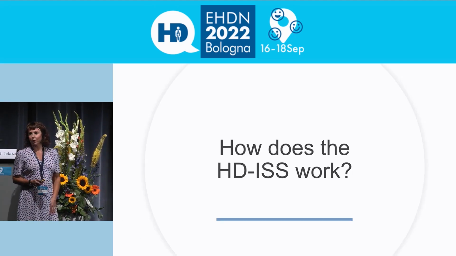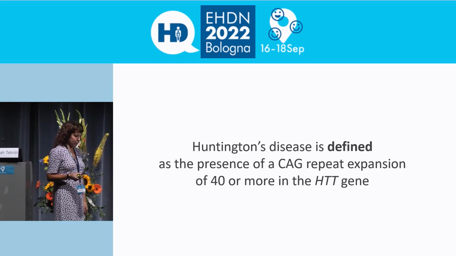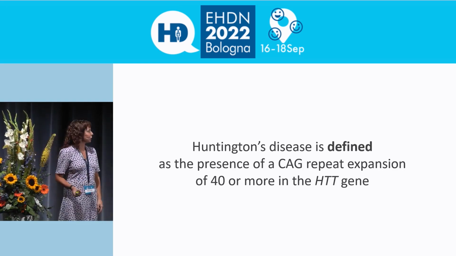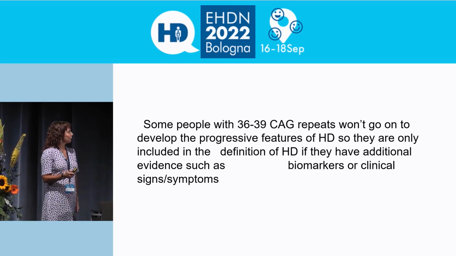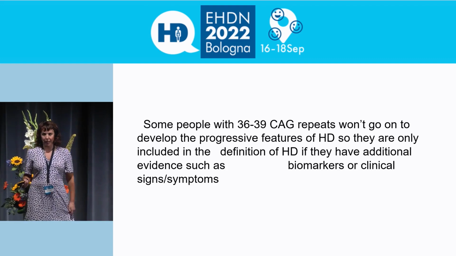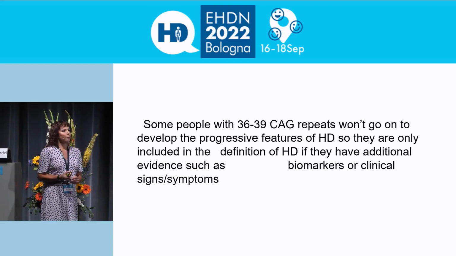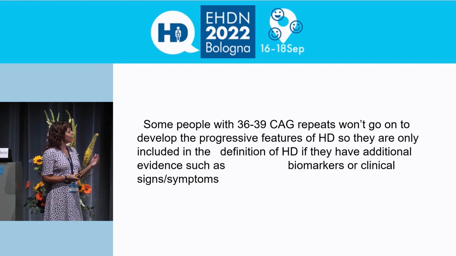So how does it work? Huntington's disease is defined as the presence of a CAG repeat expansion of 40 or more in the Huntington gene. Some people with 36 to 39, and Darren spoke about this yesterday, and Michael presented from his lab.